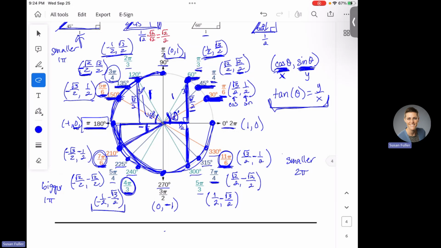It matches this one. When we put our triangle in here, this was a 30-degree reference angle, so the side opposite the 30-degree angle was half the hypotenuse, and this side was root 3 over 2. But in quadrant 3, this side was negative, and this side was also negative.